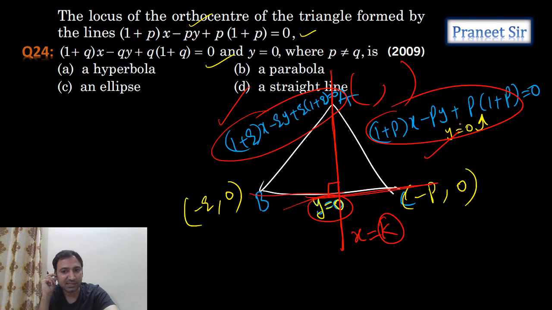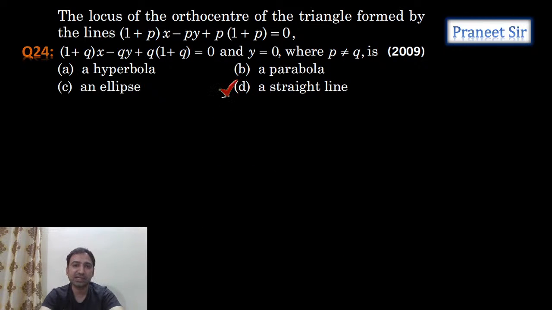That's it. So that is the locus of the altitude. The orthocenter is lying on the altitude only. So we can say that the altitude will be lying on that straight line. So we can say that the fourth option is the answer. Is it clear, guys? Any doubts? Anyone has any doubts? Okay, right. Chalo, let's move to the next one.